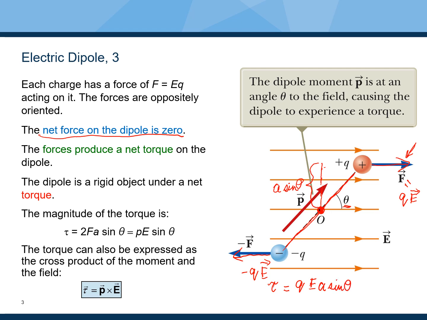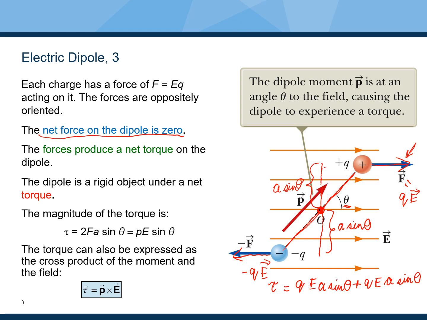Notice though that this negative charge also experiences a force that acts along a moment arm, and the length of that moment arm is also equal to A times sine theta. Therefore, we have a further torque from the negative charge, which is also given by Q times E times A times sine theta.